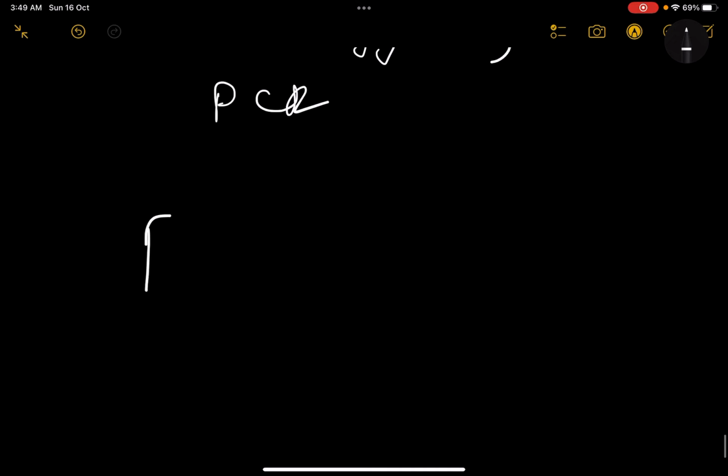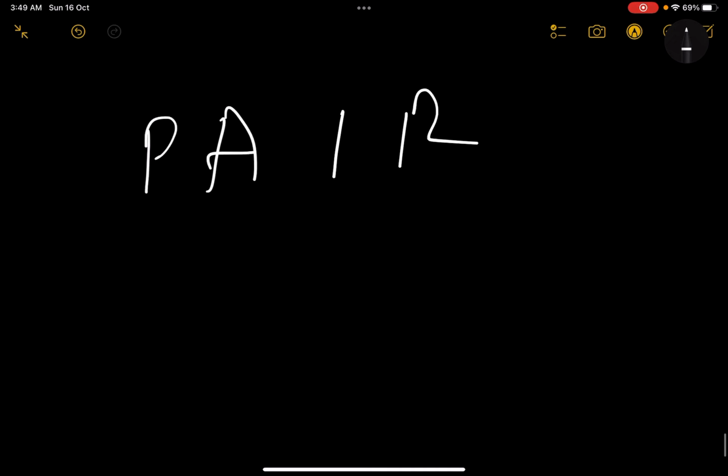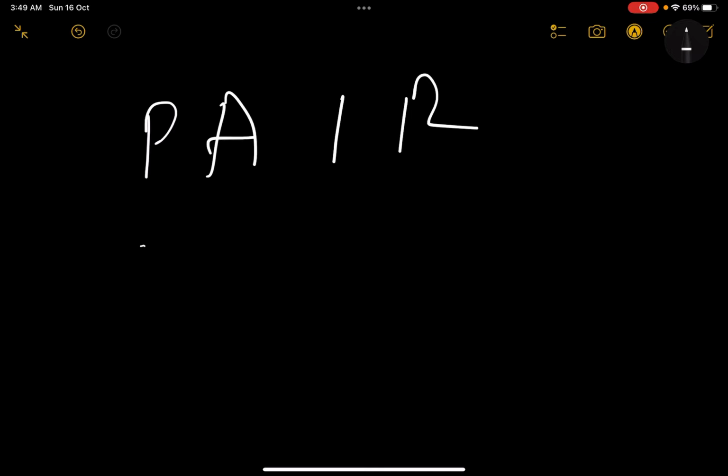How do you want to treat? You want to do something called PAIR, which stands for puncture, aspiration, injection, reaspiration. So first you puncture the hydatid cyst. You cannot directly aspirate the hydatid cyst because there is a lot of anaphylactic reaction.